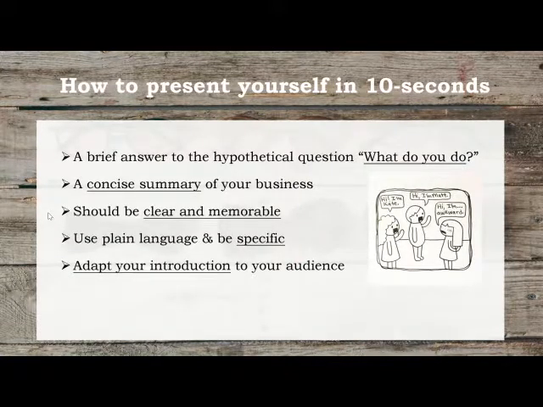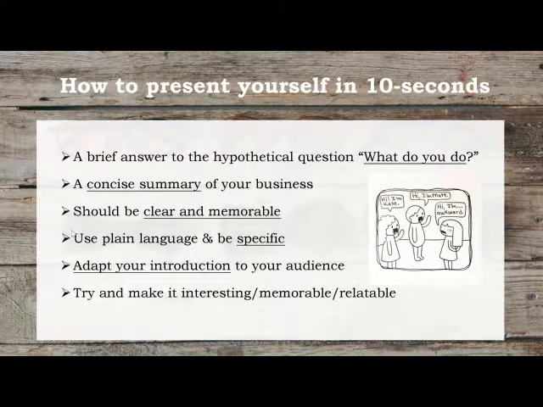And I might say something about previous experiences in the tourism industry. So you make sure that what you're saying about yourself and about your services is adapted as much as possible, whilst obviously remaining truthful to your audience. So whatever you say, make it either interesting or memorable or relatable to that person.